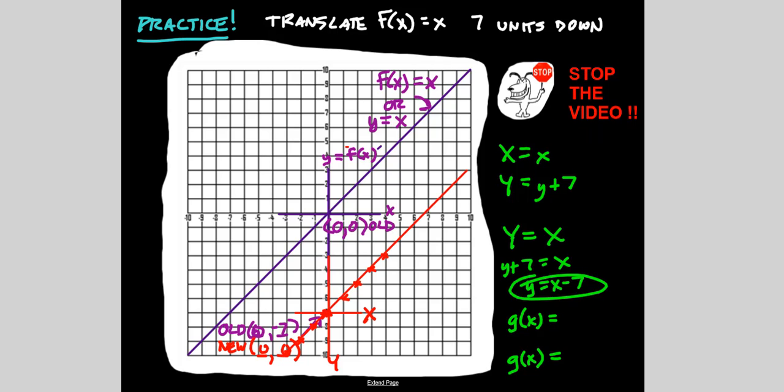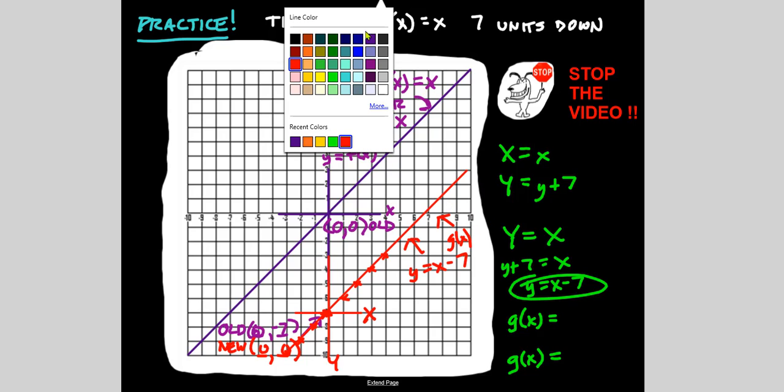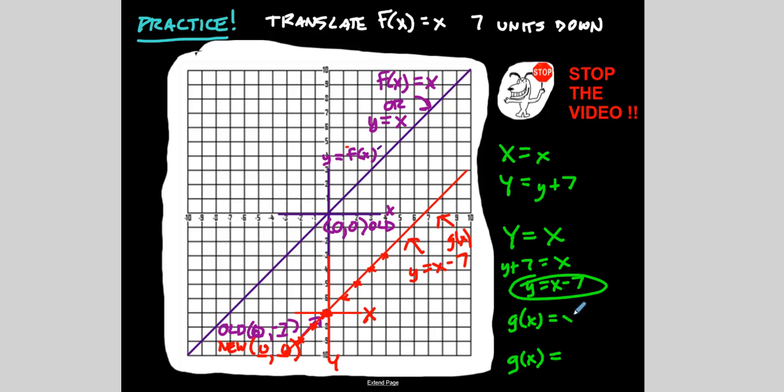Okay, I could also call this, so this is my graph y equals x minus 7, I'm also calling this g of x. So g of x is x minus 7, or I could write, since x in this case is equal to f of x, I could write f of x minus 7.